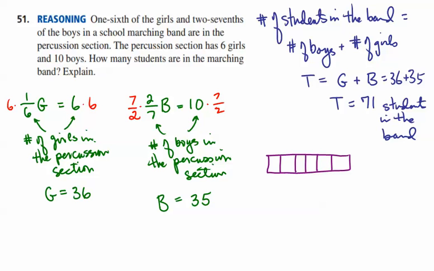And if 1/6 is equal to 6, then each sixth has to be equal to 6, and so there would be a total of 36 girls.